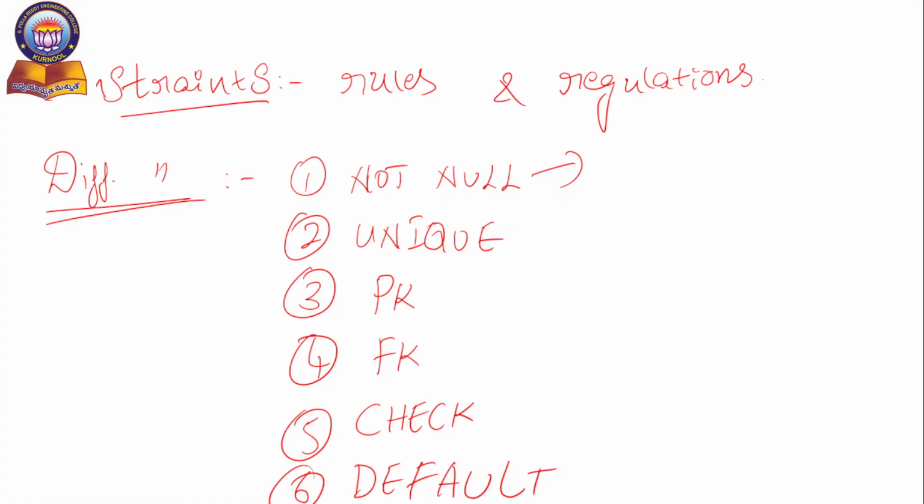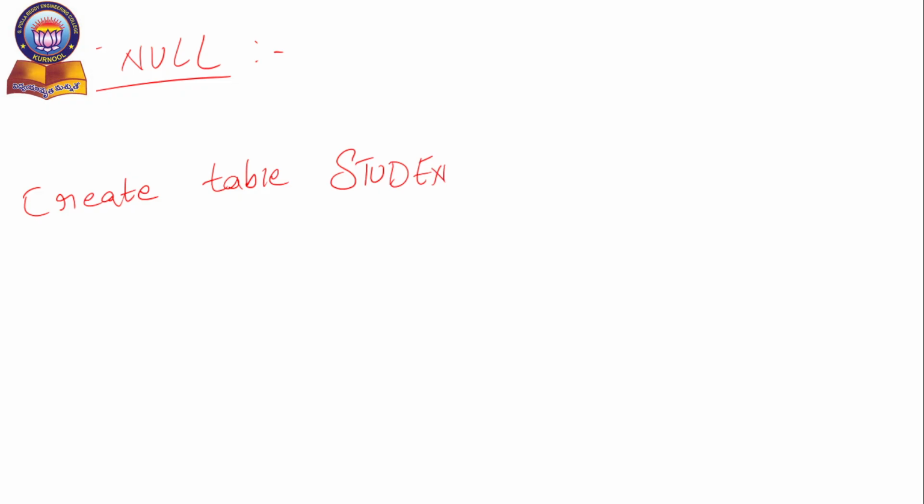For example, not null. Example, create table student, roll number int. The int is nothing but the data type.